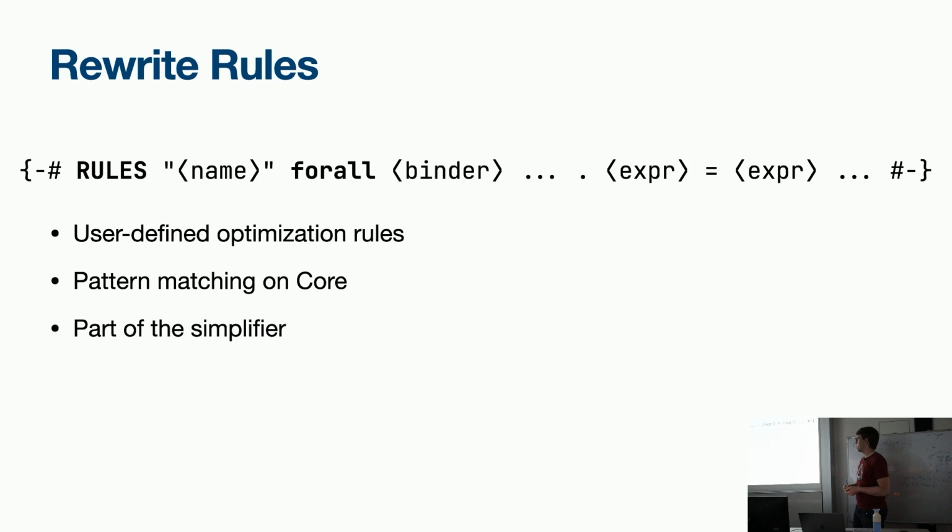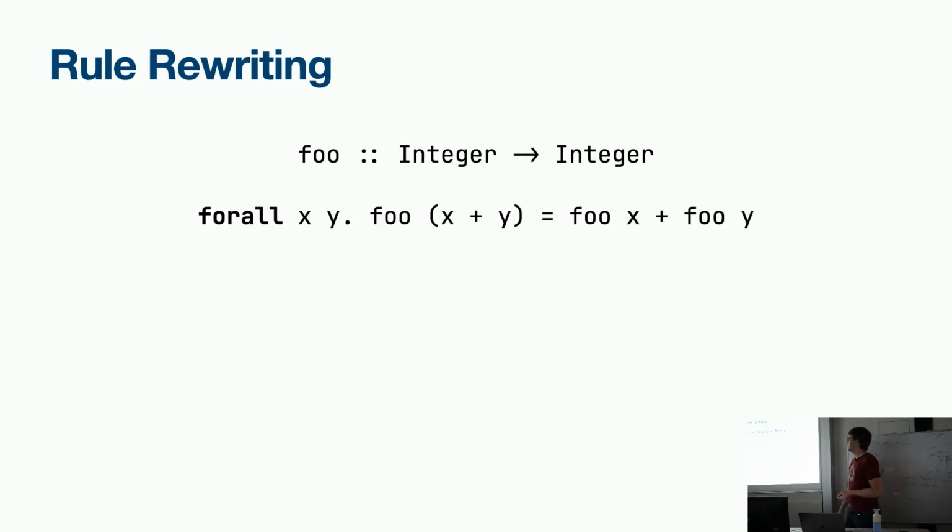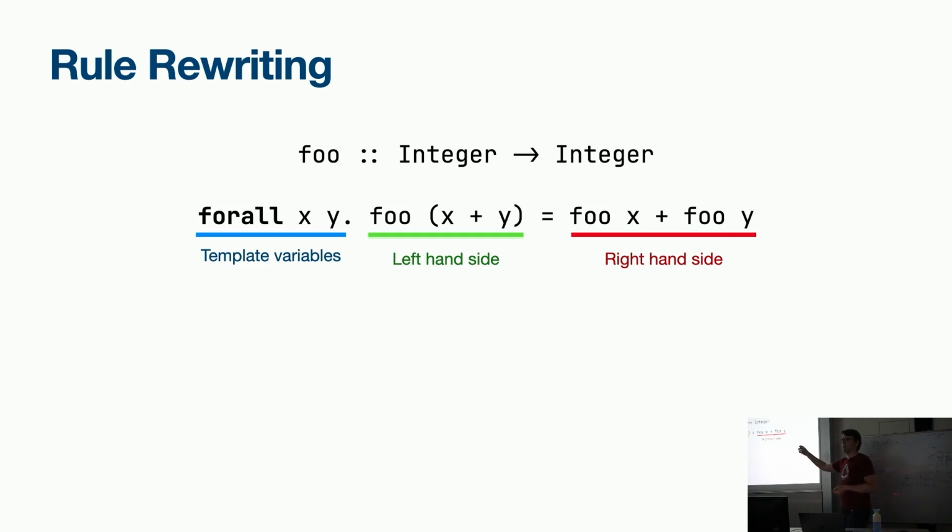For this presentation, I'll split it into template variables, a left-hand side and a right-hand side. And the template variables are very important here. They are the variables that will get instantiated by the rule matcher to arbitrary parts of the programs that the rules are matched on.